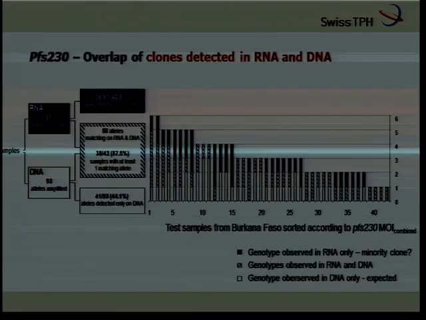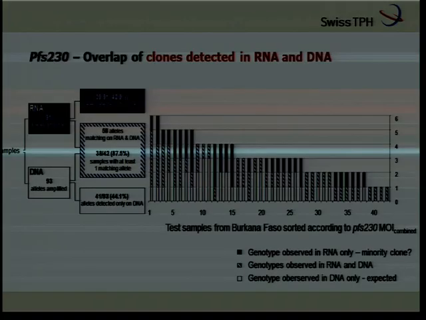Then coming to the comparison of DNA and RNA. So we directly compared the genotypes found in DNA and RNA in 42 samples, and this is a poster which was presented today at the poster session. What we see here in white are the genotypes which are only observed in DNA.